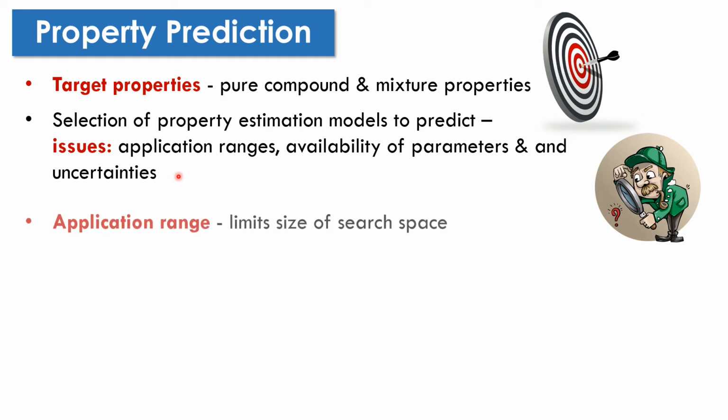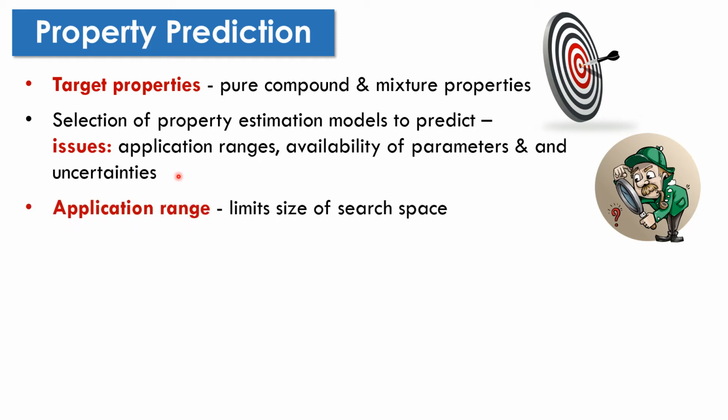When talking about the application range, if our property model is limited in terms of what type of molecule it can predict properties for, it will limit the size of the search space.